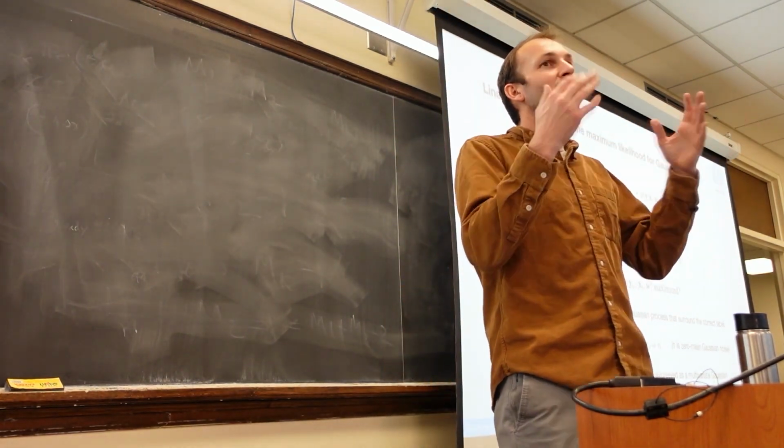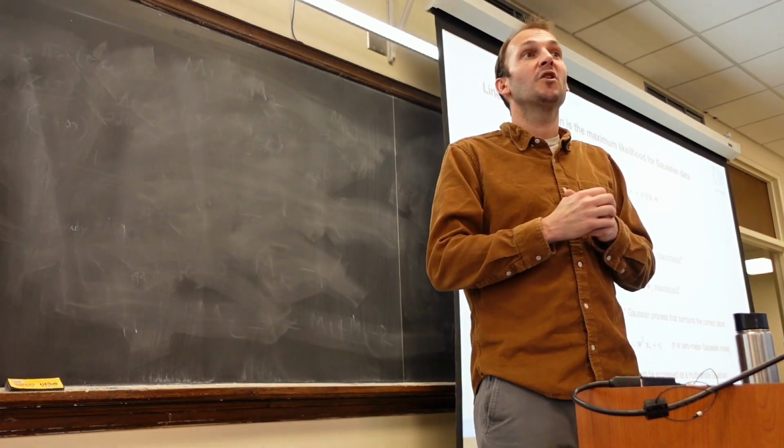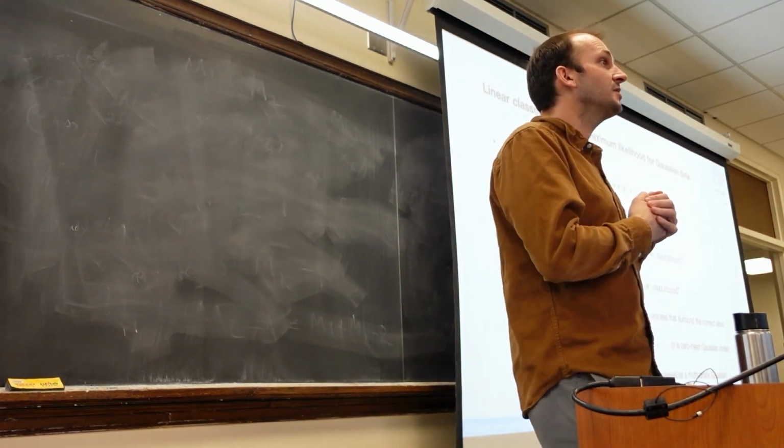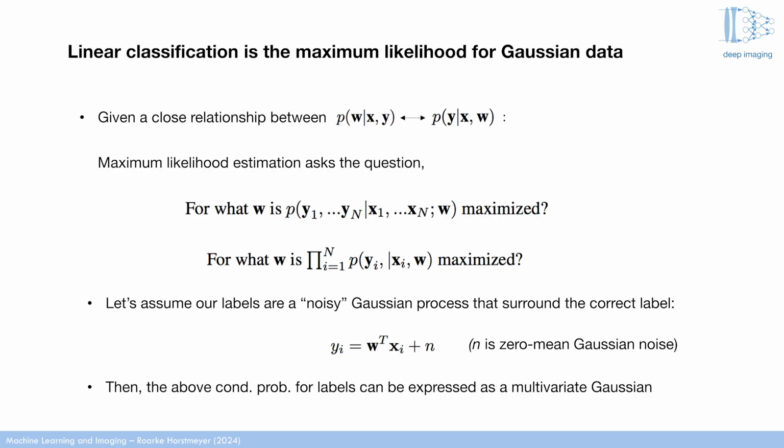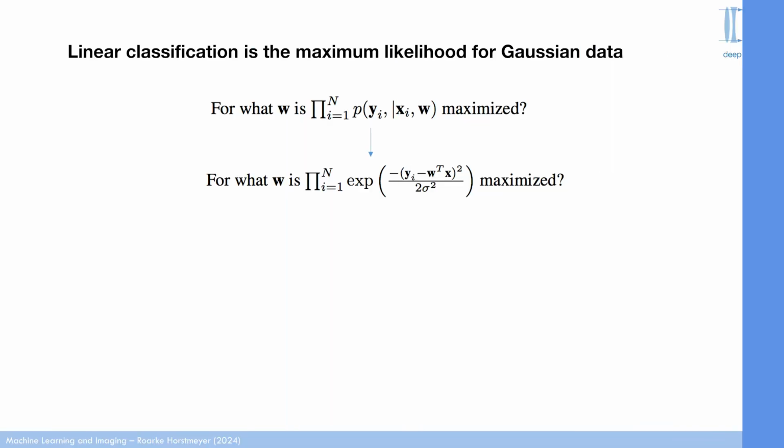But in general, you need to establish some way to summarize probabilistically what's going on, right? And zero mean Gaussian noise applied to this classification boundary is probably the simplest thing you can really do. To say, I'm trying to classify, but I know I'm going to be off a little bit, and this is how much I'm going to be off. So we're just going to assume that and crank the wheel. So we can take our probabilities of our Y's given our inputs X and weights W and replace it with this Gaussian.